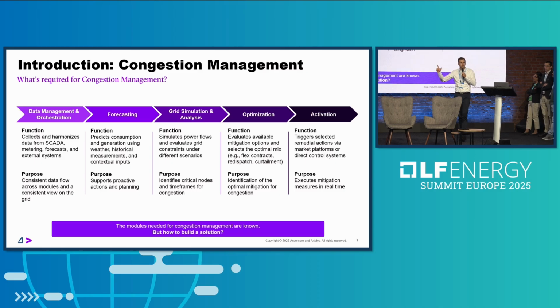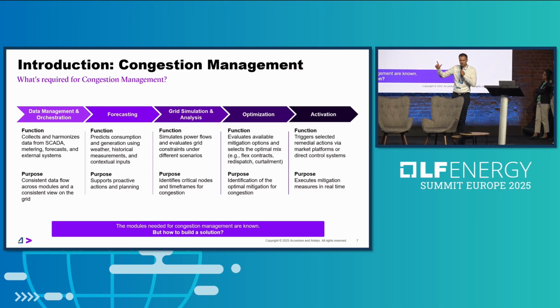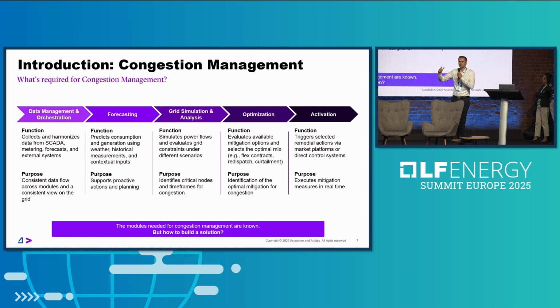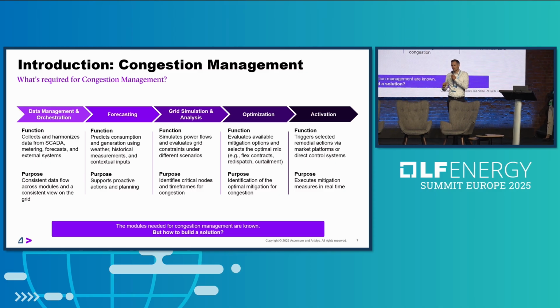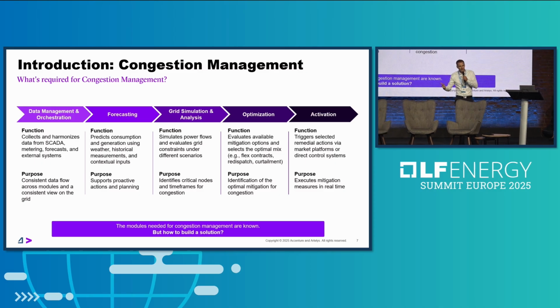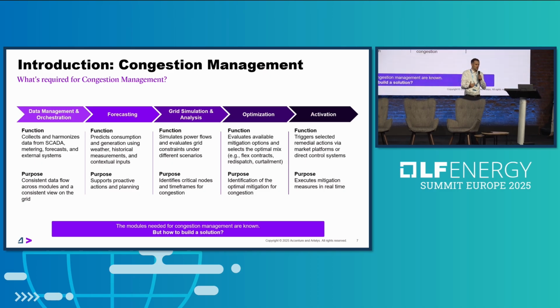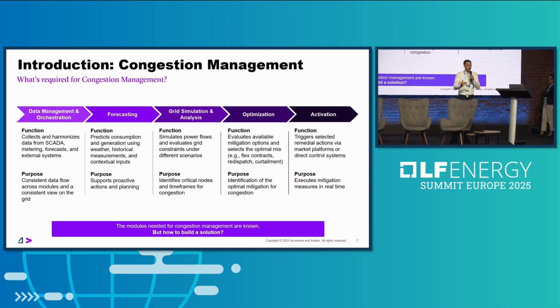For example, in the second module, you're using data to forecast congestion, to forecast consumption and generation. Because only when you do forecasts, you can plan ahead. And this is what you need for congestion management, planning ahead.